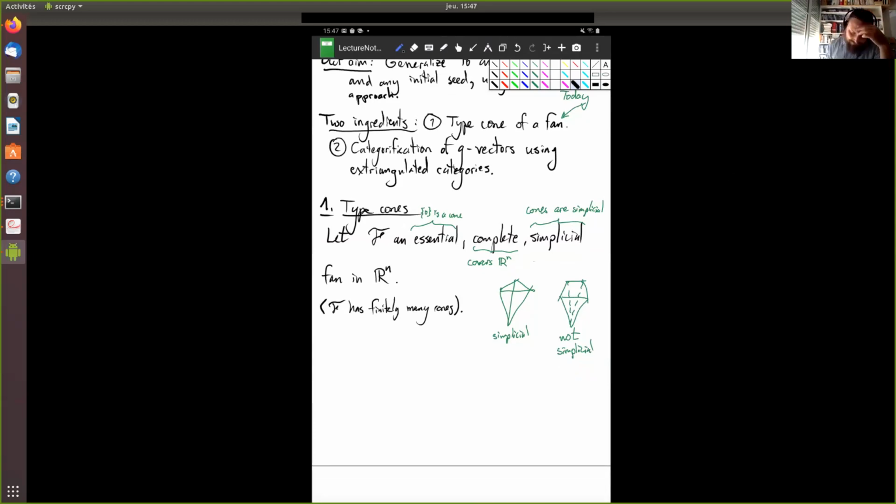Since it's finite, it has finitely many rays. Knowing the rays is enough to know the fan if you're in 2 dimensions, but it's not enough in general. You have to know what the cones are. But knowing the rays is a lot of information.